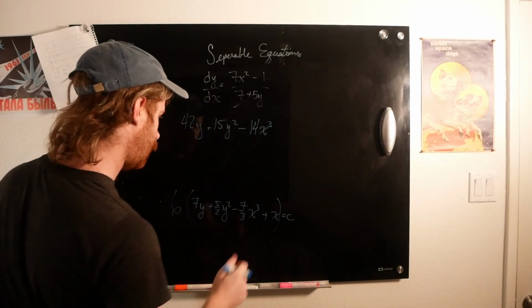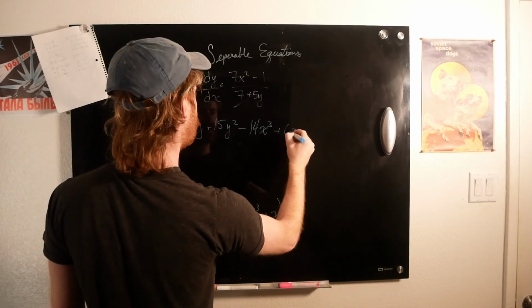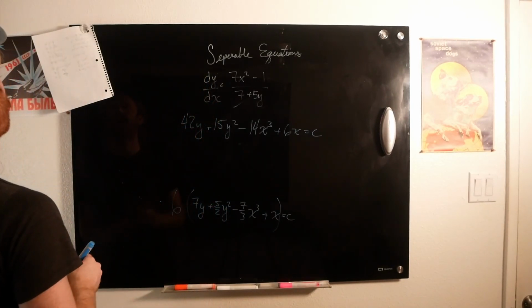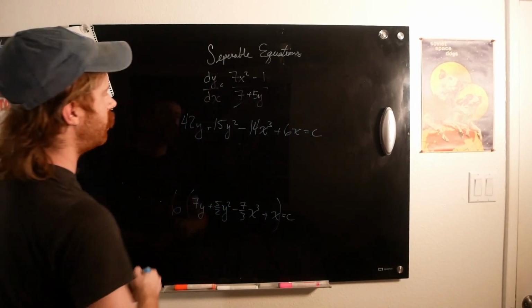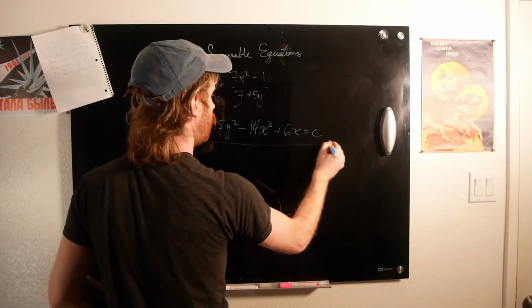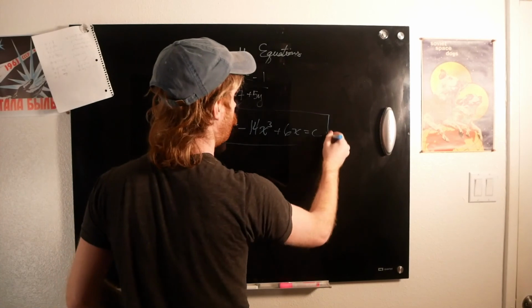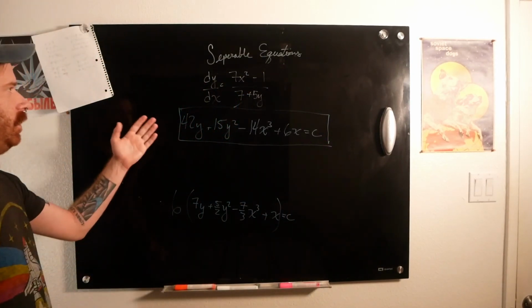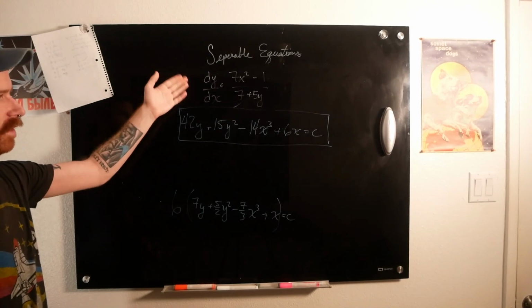And then plus 6x. I think that's right. We'll see. Yeah, so this will be your answer. So this is going to be the solution when it asks you to solve this differential equation.